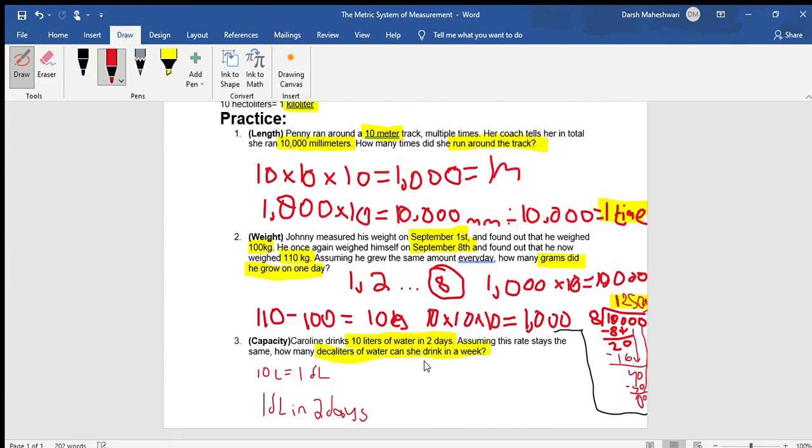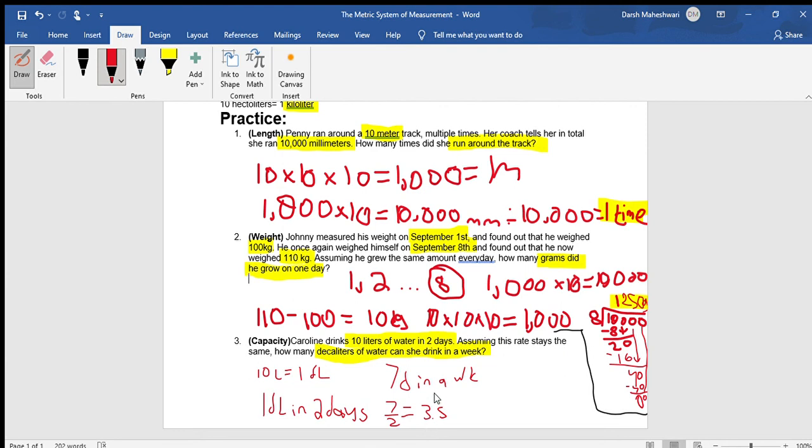Now we want to find out how many days are in a week. If you remember, in the English system, time will always be the same. And if you remember, there are 7 days in a week. So we should divide 7 by 2 because this is for 2 days. So 7 divided by 2, you would get 3.5.